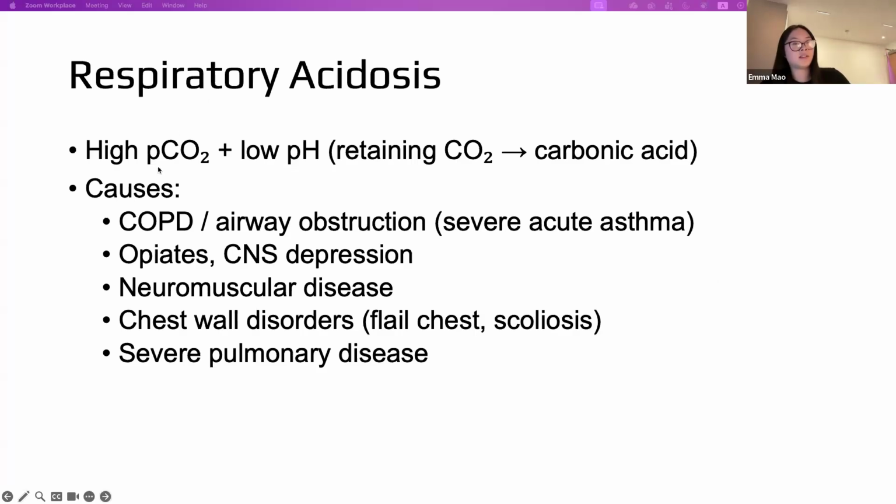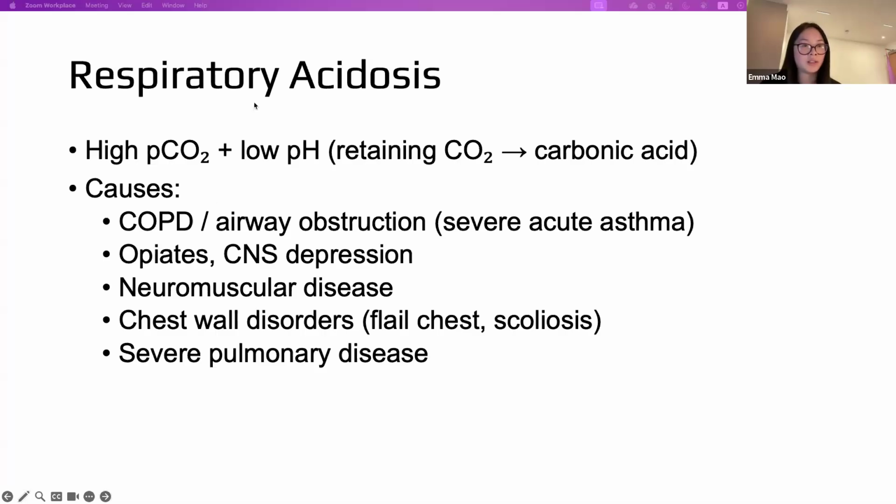So respiratory acidosis, there's high PCO2 and a low pH, because CO2 retained becomes carbonic acid. Causes of that include COPD and airway obstruction, so severe acute asthma as well, and opiates and CNS depression, so you're not breathing out as much CO2.